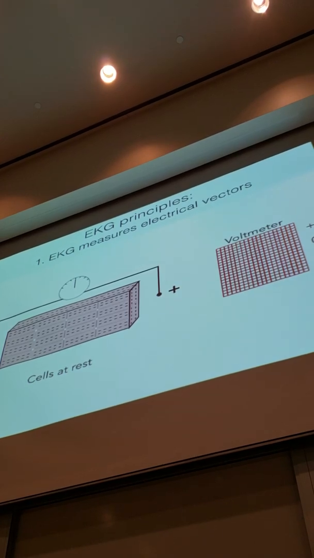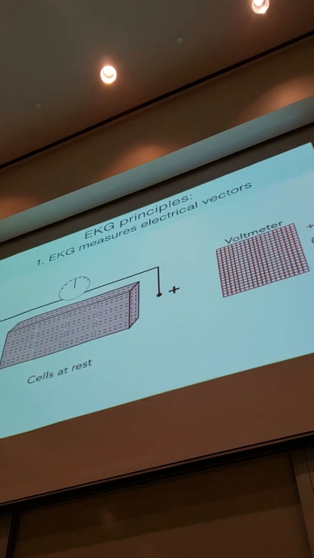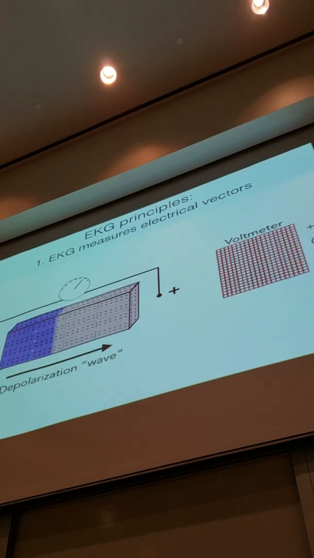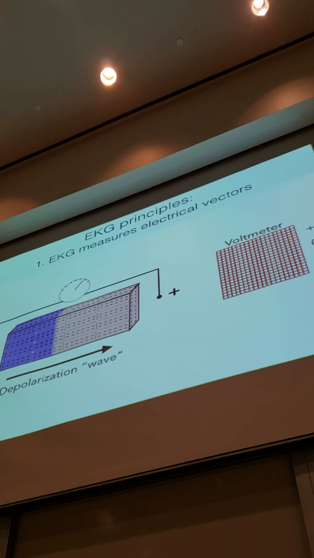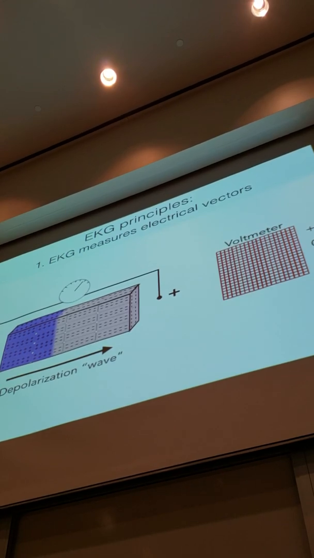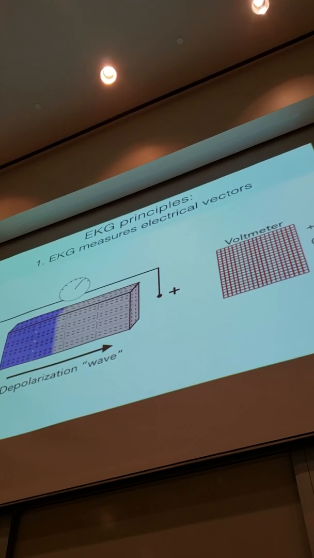What happens is that when we have a depolarization, in EKG what we're doing is we're measuring the movement of that wave front. Think of this as you're in a bathtub and you're pushing some water along, right? You're making a wave. That's what it's measuring. It's not measuring how much water there is in the tub. It's measuring where it's moving.